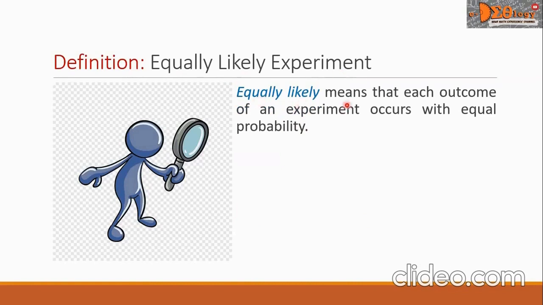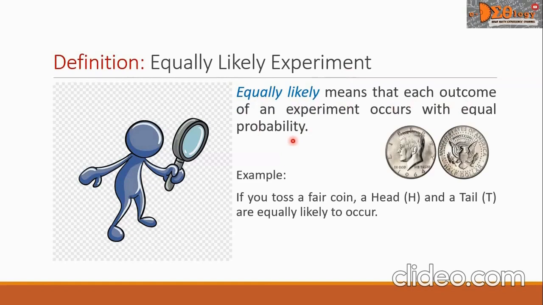Equally likely means that each outcome of an experiment occurs with equal probability. Example, if you toss a fair coin, a head and a tail are equally likely to occur.